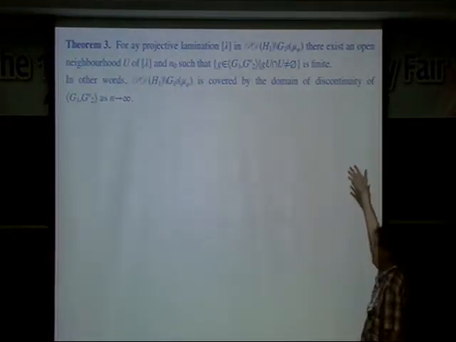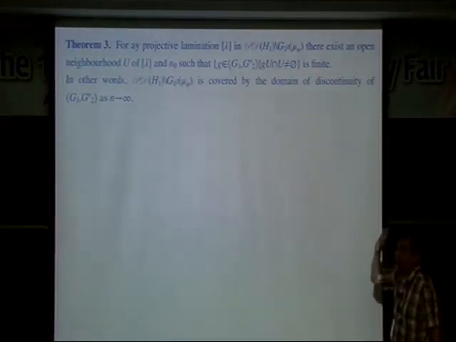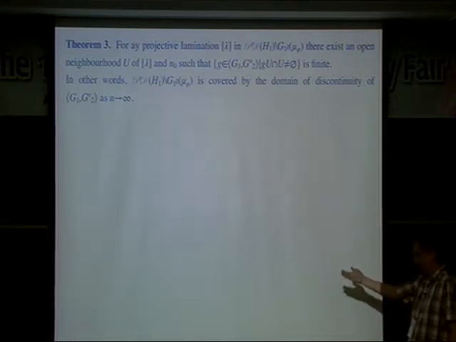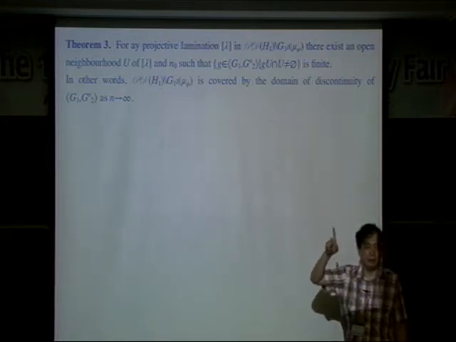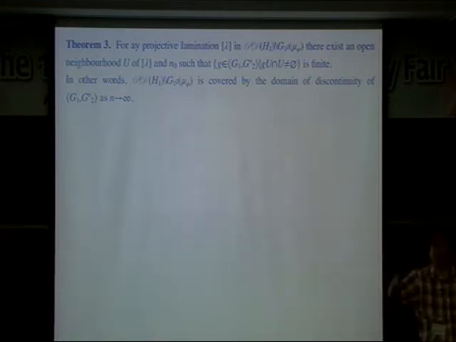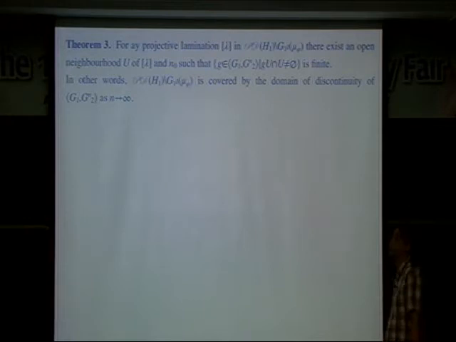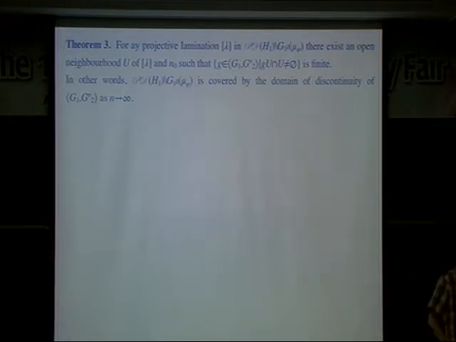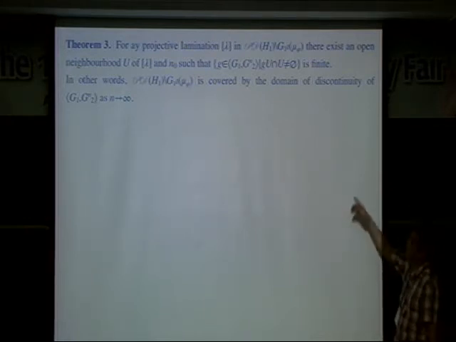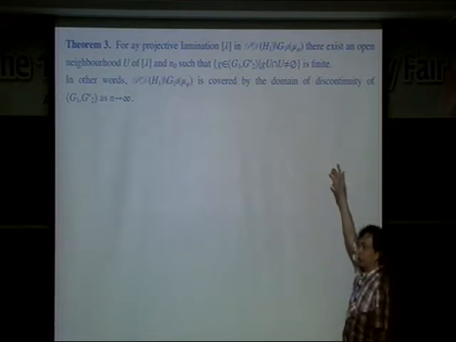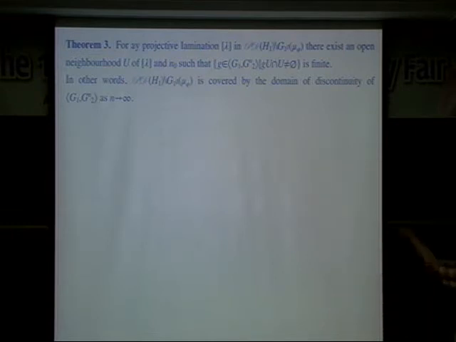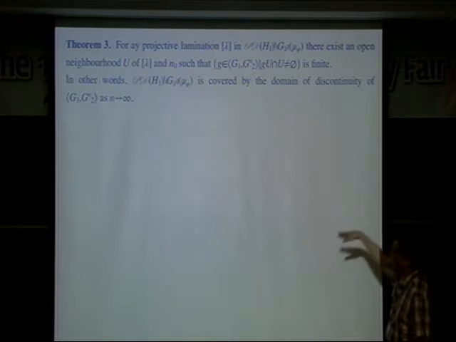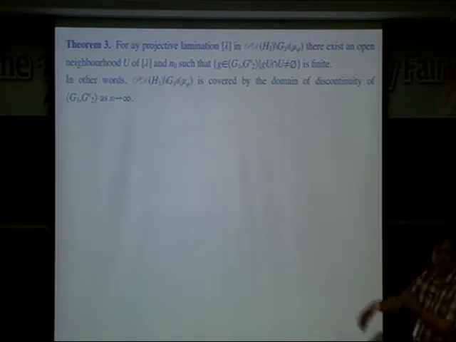So when you consider the translate of the stable lamination marked by iota by the group G1, where G1 was the subgroup of the mapping class group consisting of homeomorphisms homotopic to the identity in H1, and consider the complement of the set PD defined before, then that's exactly the eventual domain of discontinuity.